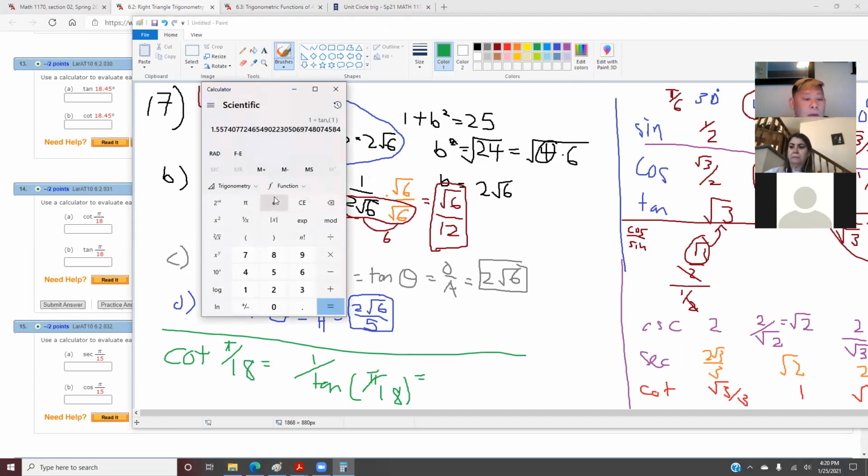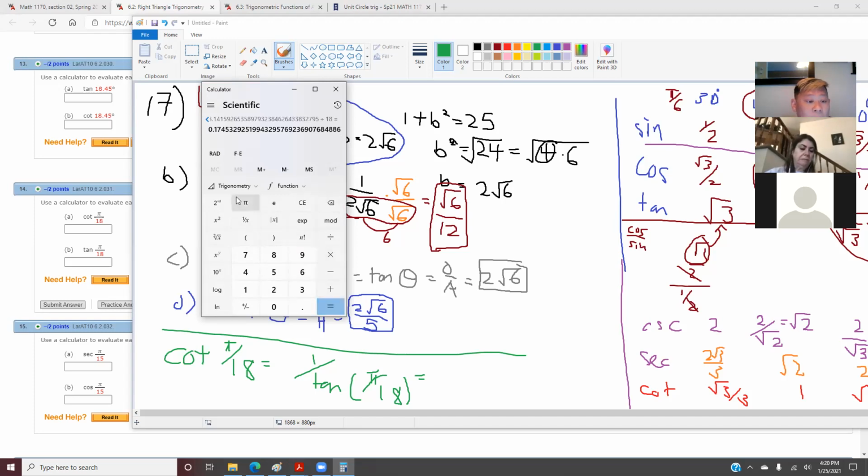This is again, your calculator is a bit different. Pi. Sorry, this is driving me crazy because of the different calculator. Pi over. Sorry, I told you this is not my calculator. So it's pi over 18, because your calculator is nicer.